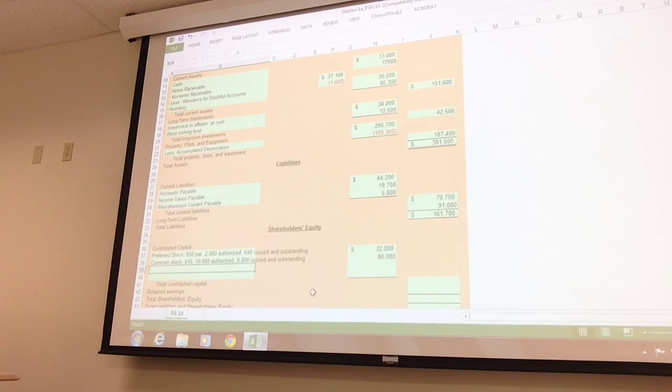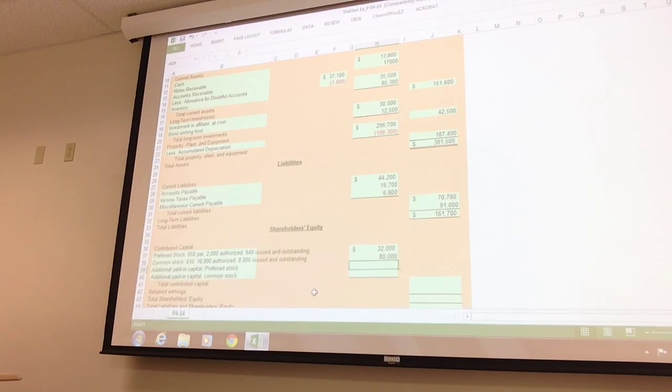So you have two paid-in capital accounts. Preferred stock and common stock. So the preferred stock has 3,200, and the common stock has 20,000.